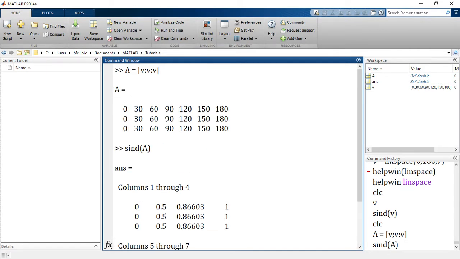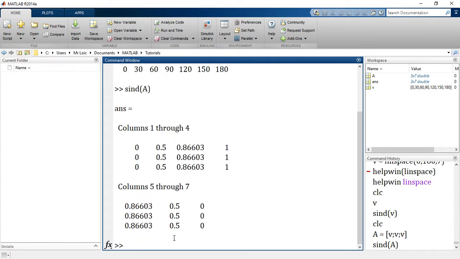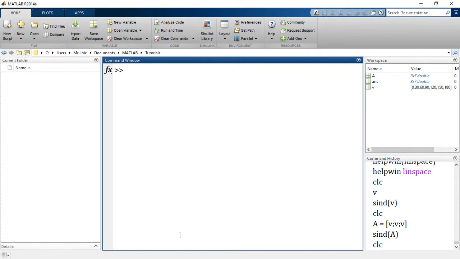It gives me the answers for each of the elements. So all of these trigonometric functions will behave exactly the same way. They will give you the answers element by element. This is so handy. This is so useful.